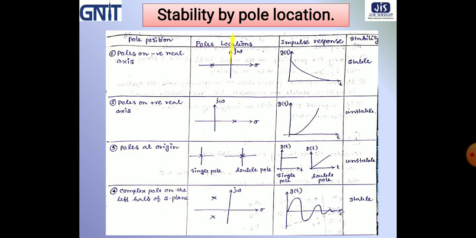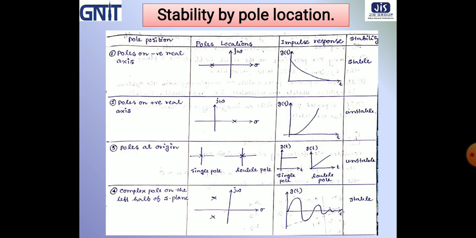This is our imaginary axis and this is our real axis. As we all know, s is equal to sigma plus j omega. So this is our S plane, where sigma is our real axis and j omega is our imaginary axis. So poles on the negative real axis means the location of poles is here.